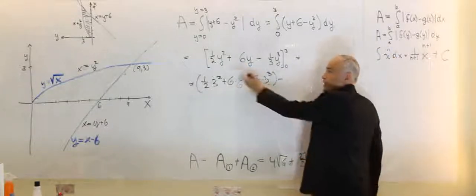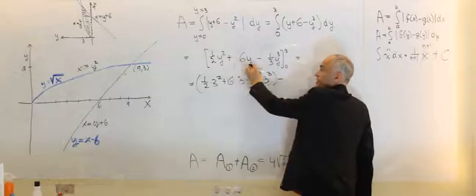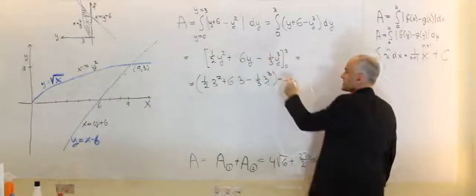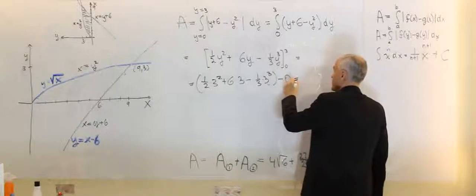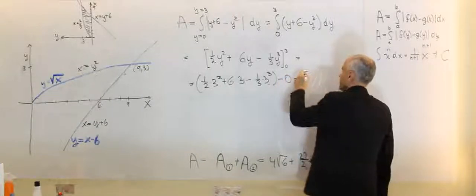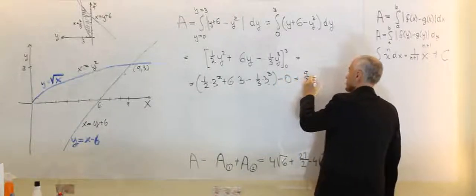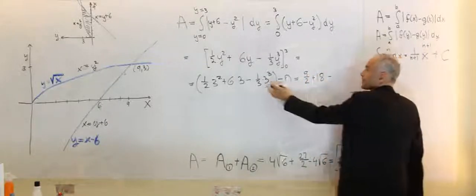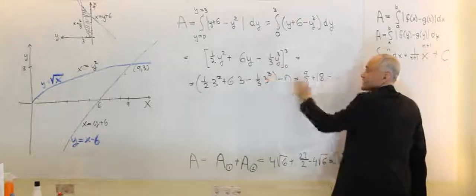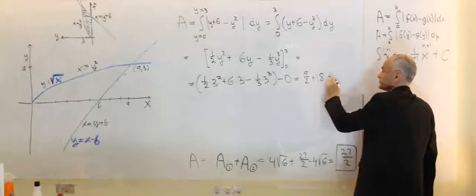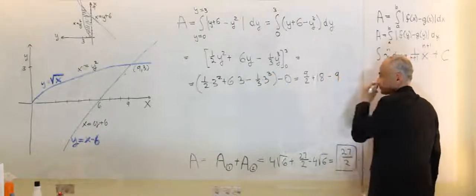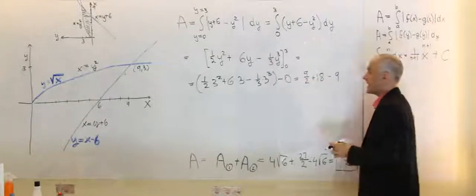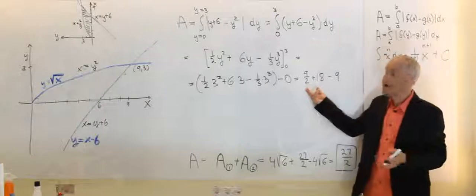So it's 1/2 times 0 squared plus 6 times 0 minus 1/3 times 0 cubed. So that's actually 0. So what do we get? 9/2 plus 18 minus 27 divided by 3, 9, right? So this is 9 plus 9/2. 9/2 is 4.5.